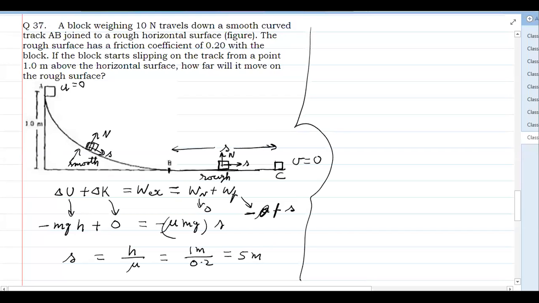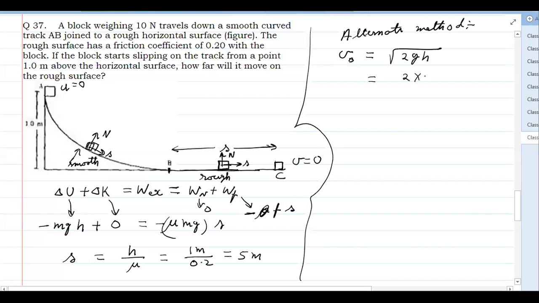One more way we can do this is an alternate method. We know that if an object slides down a smooth incline for a height change of 1 meter, the velocity at point B will be root 2gh.